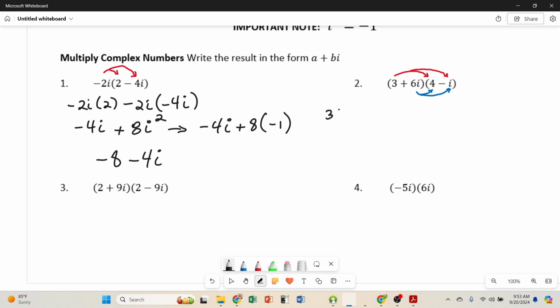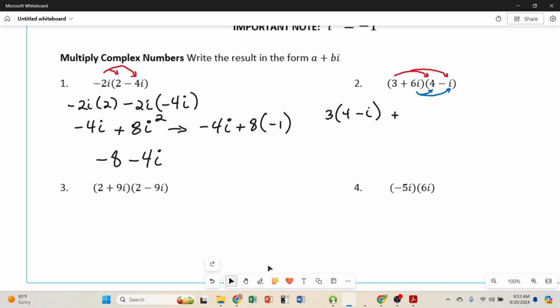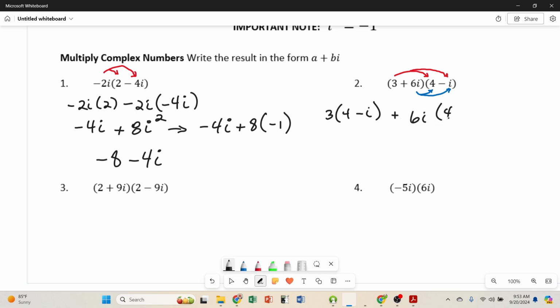So I'm going to write 3 times 4 minus i, plus, excuse me, that's not right, plus 6i times 4 minus i. So 3 times 4 is 12 minus 3i plus 24i plus, oh, excuse me, minus 6i squared.